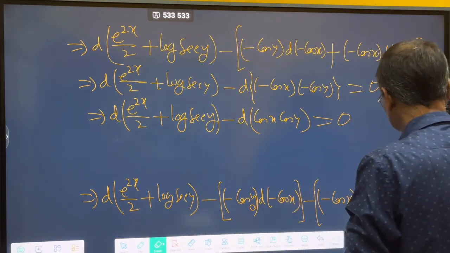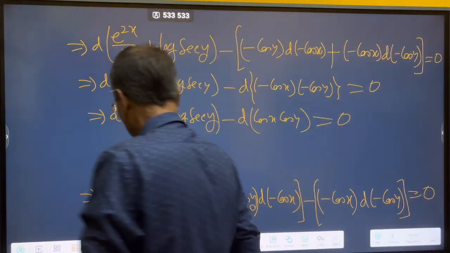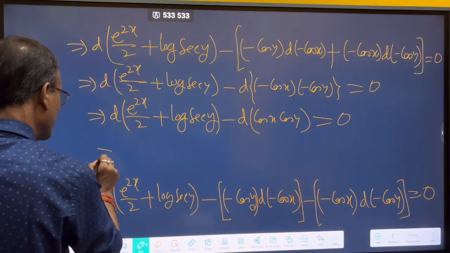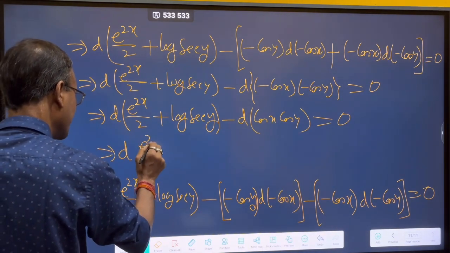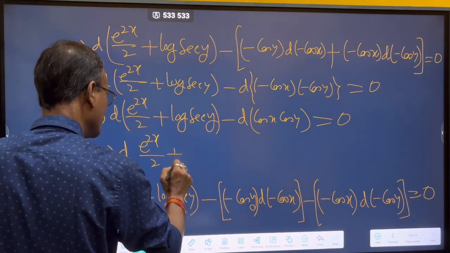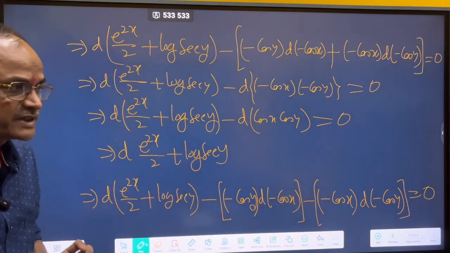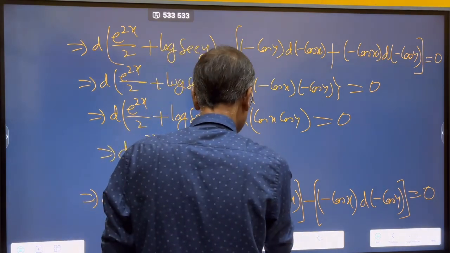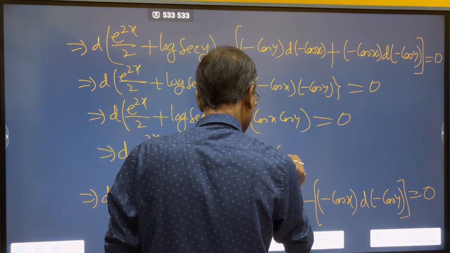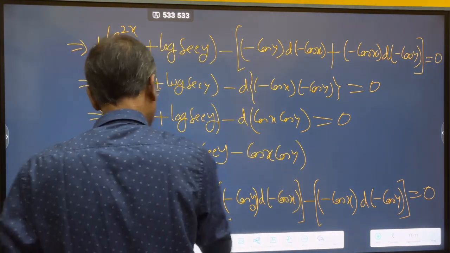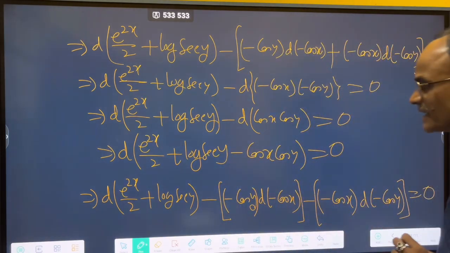You may write like this. Or you may write d of e to the power 2x by 2 plus log of sec y minus cos x cos y equal to 0.